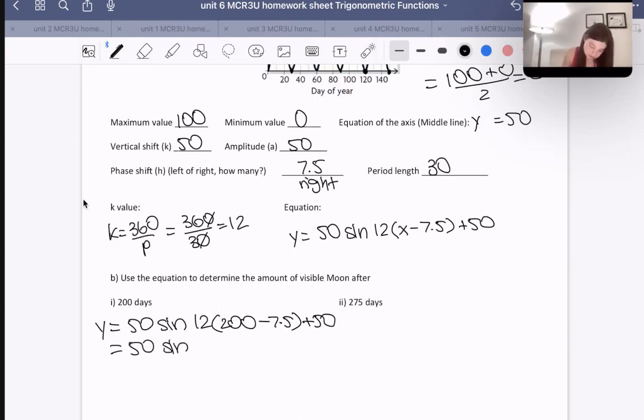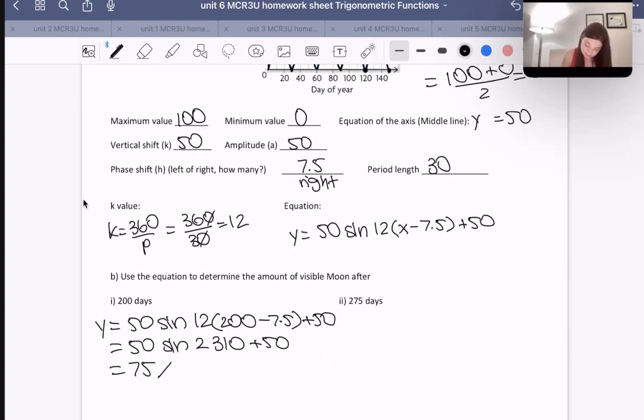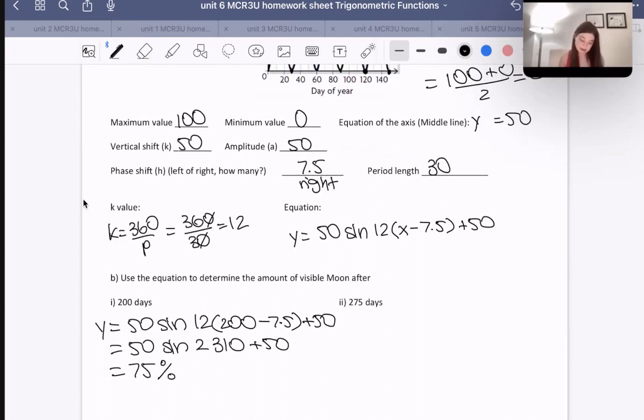So this is going to be sine of 2310 plus 50. What's sine of 2310? It's a half, times 50 plus 50, right? And that's 75. So basically, 75% of the moon is visible after 200 days.